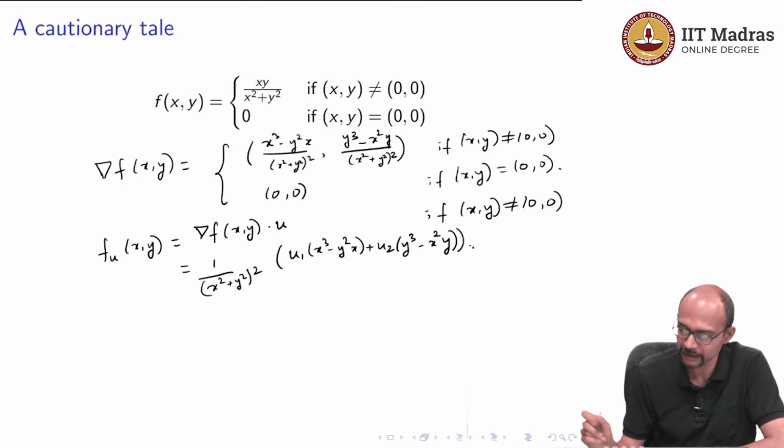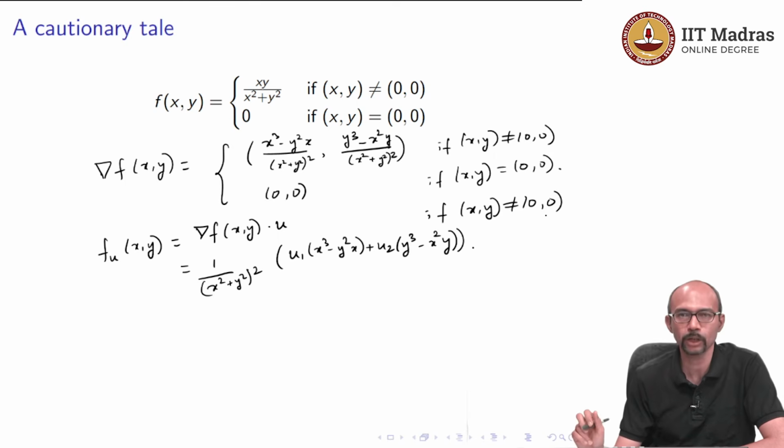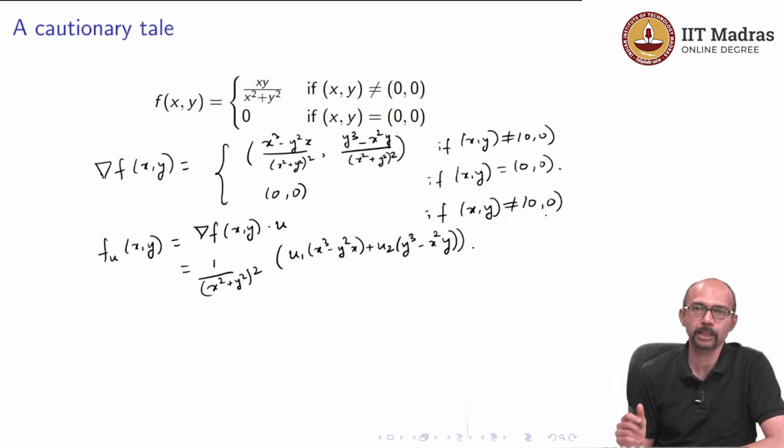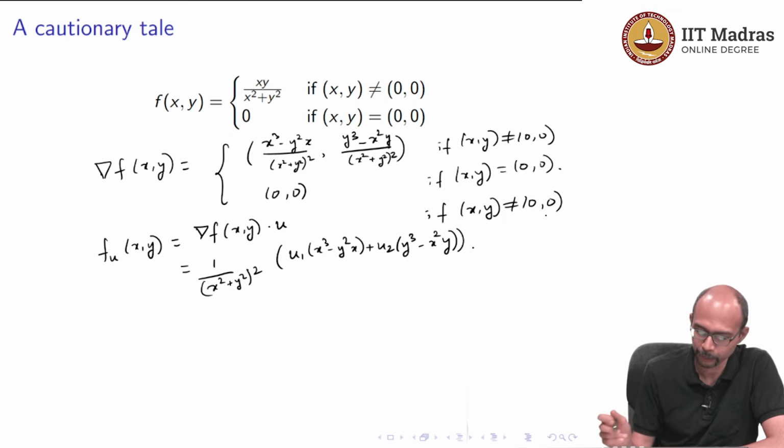This is what the directional derivative is if the point is not 0. So, notice how that theorem allowed us to avoid all the difficult computation with limits.